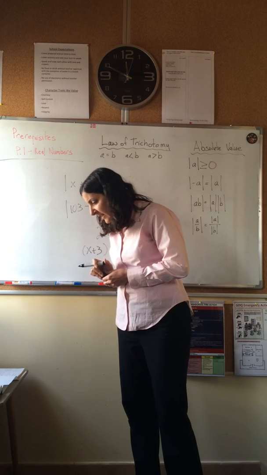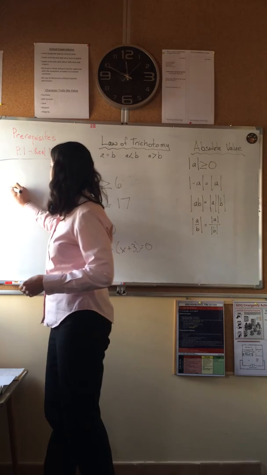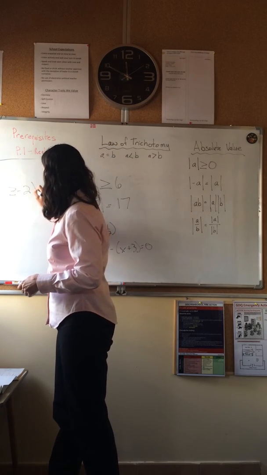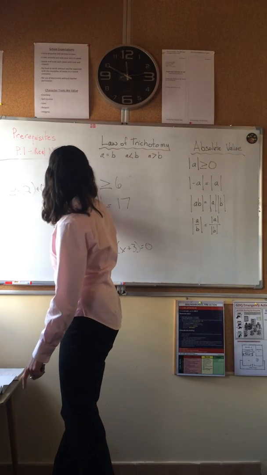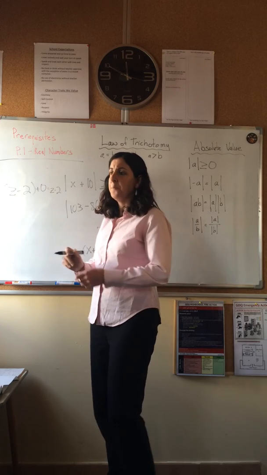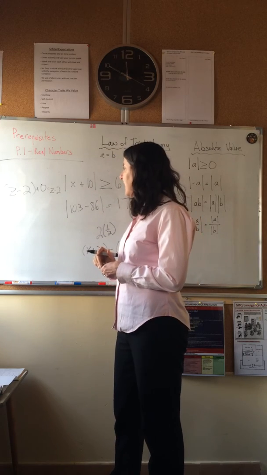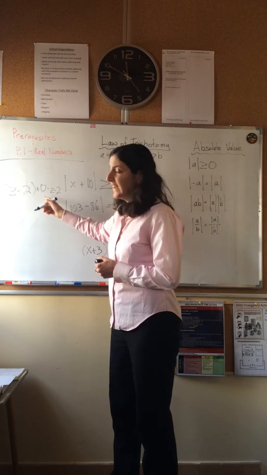If you look at question 92, it says z minus 2 plus 0 equals z minus 2. Again, this seems pretty obvious. This is illustrating the additive identity.